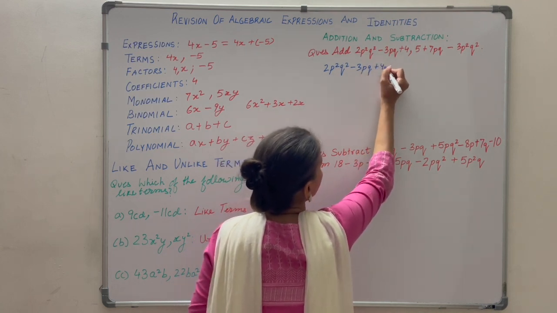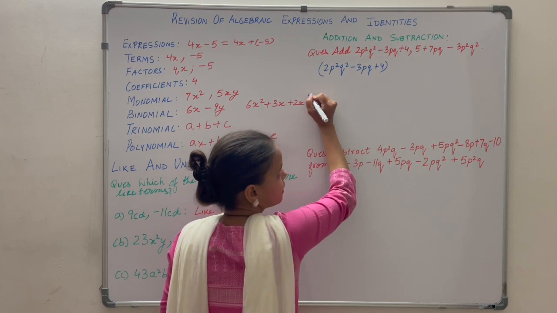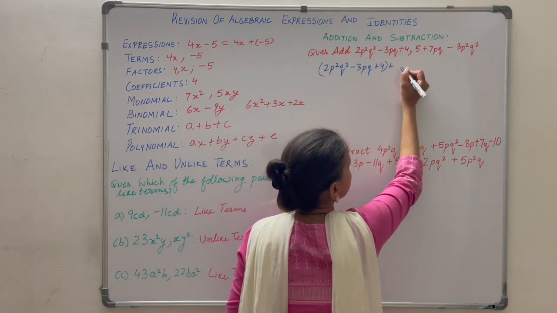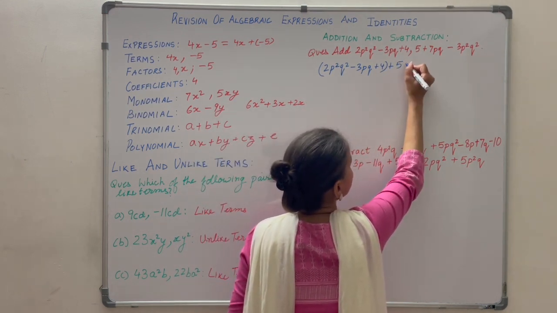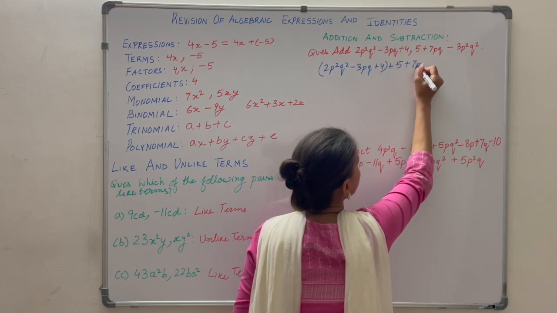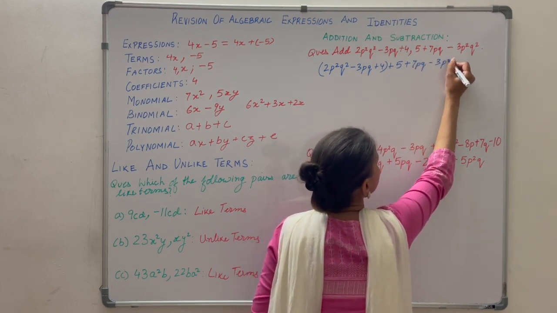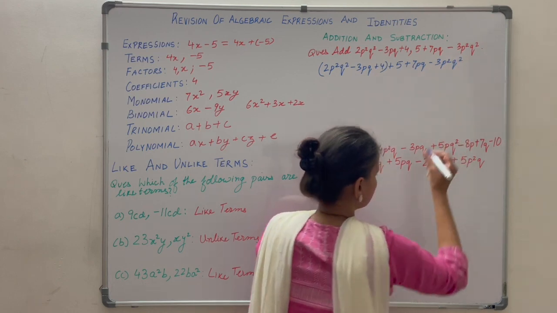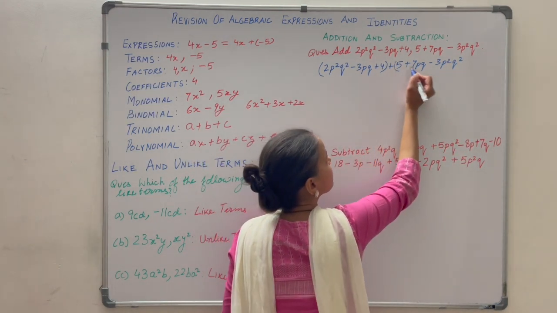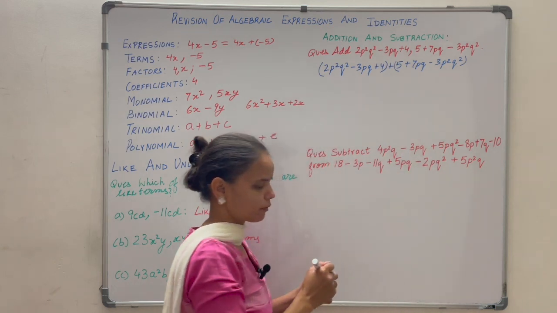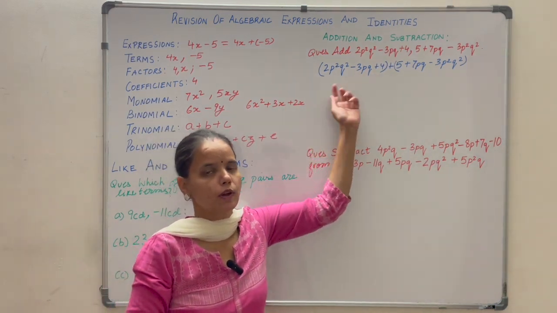This is the first expression. You need to add this expression to 5 plus 7pq minus 3p square q square. This is the second expression. So you have to add these two expressions.